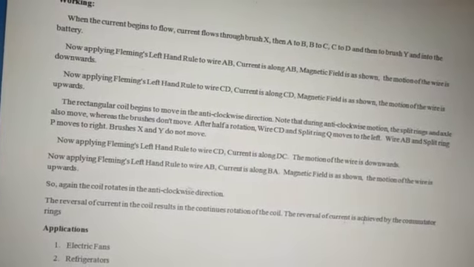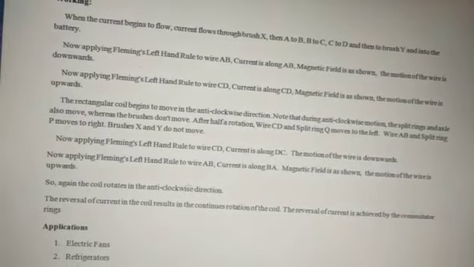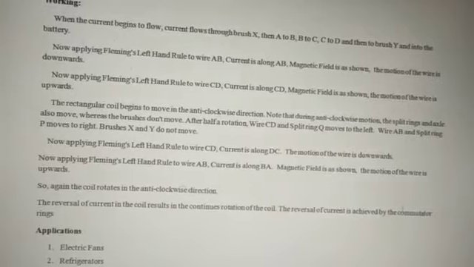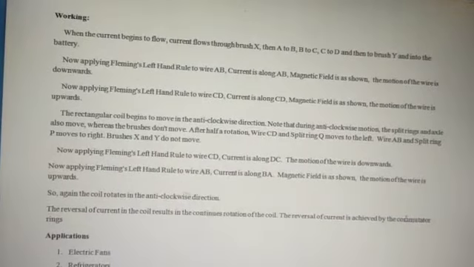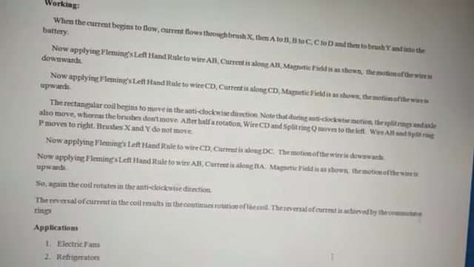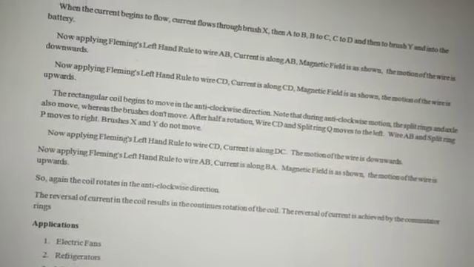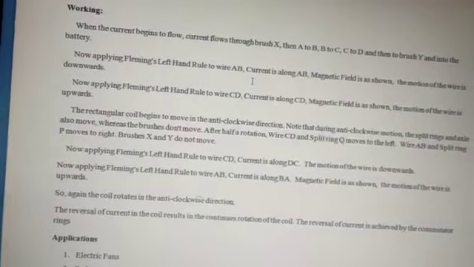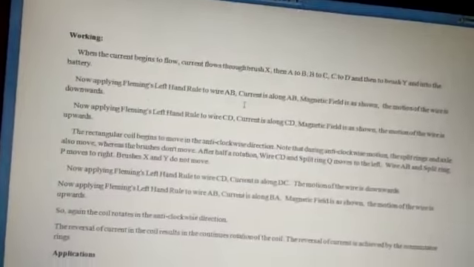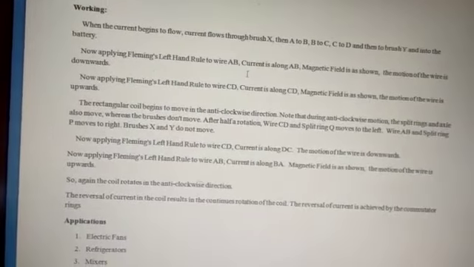The reversal of the current is achieved with the help of the commutator, that is, the split rings. So this is the working of the motor.